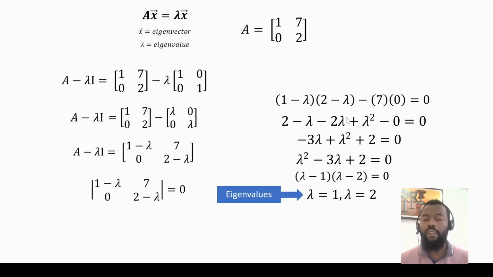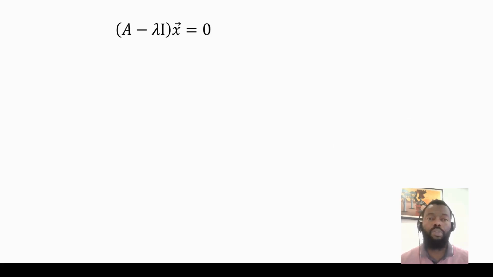Now let's find our eigenvectors. So we have this equation: A minus lambda times the identity matrix, all multiplied by the vector x, equal to 0. So we have here the matrix A, and also lambda 1 and lambda 2. We will have to plug these values into this equation.